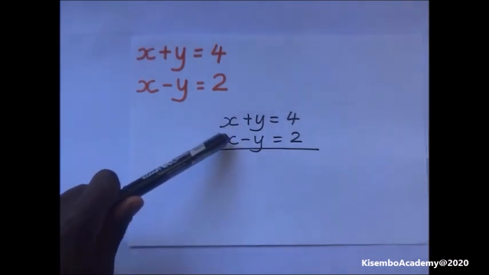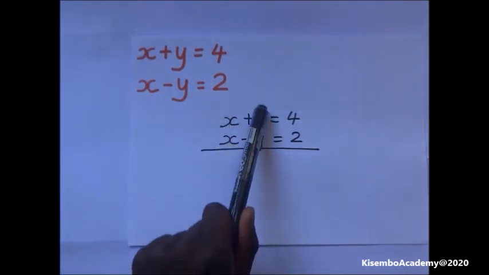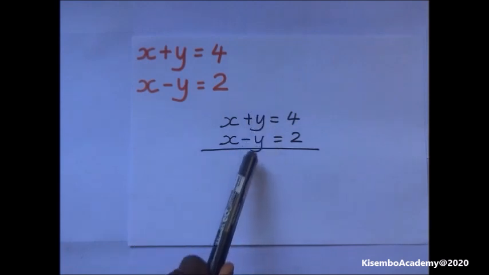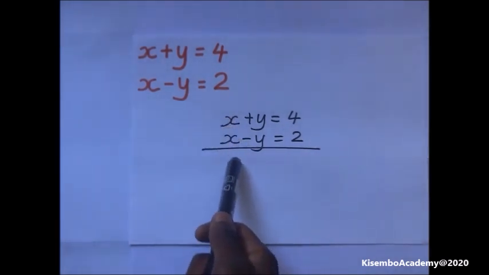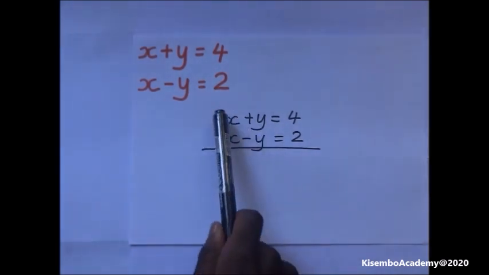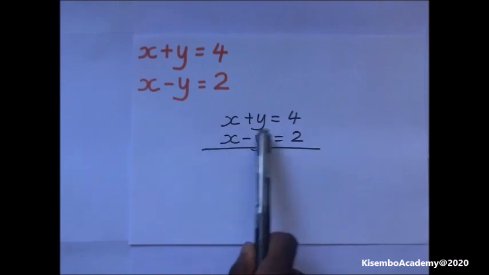Since we will have eliminated x, we shall remain with only y, and then we shall be able to get the value of y. So we are going to subtract this from that throughout.